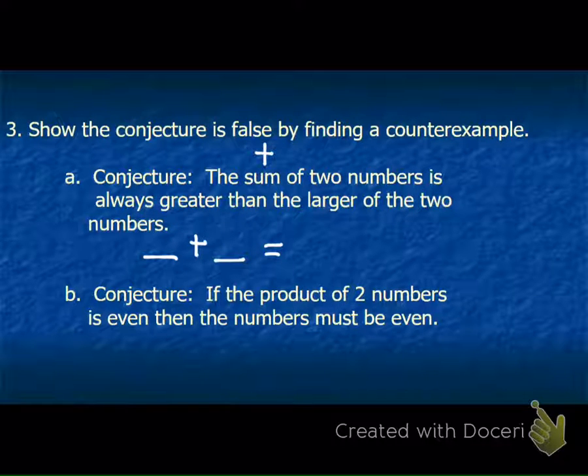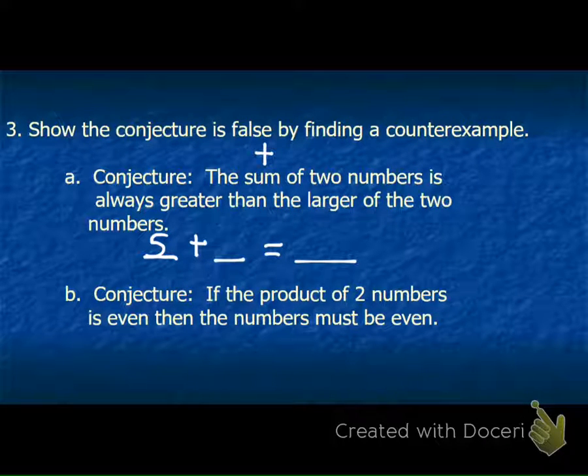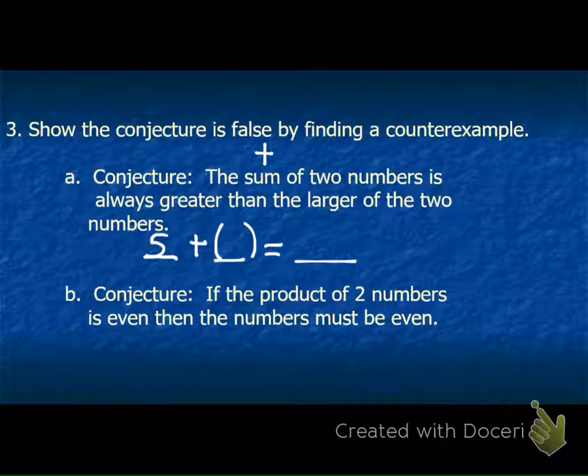Okay, so give me a number. Let's start with 5. What could I add to that where my answer is going to be smaller? Because it's saying my answer is always going to be greater than 5. What could I add to that to make it a smaller number? A negative.